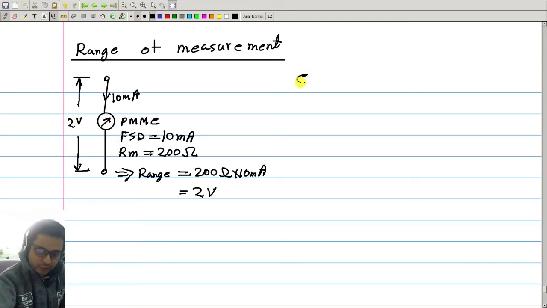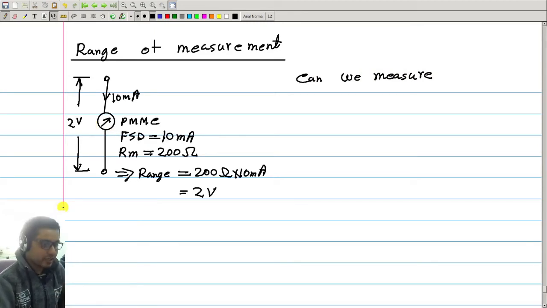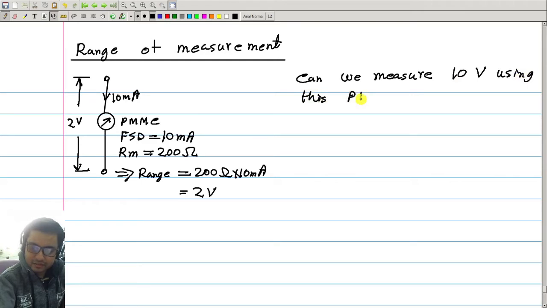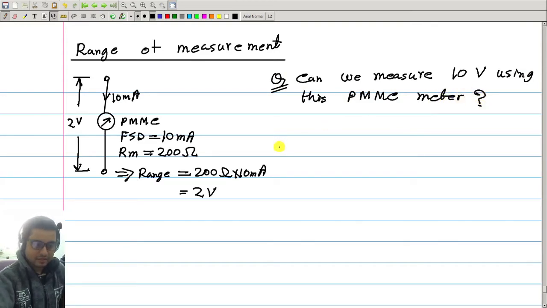Now, can we measure more than 2 volt with this meter by doing some modification? Say, can we measure 10 volt using this PMMC meter? That is the question. What can we do? By using a series resistance. Excellent.